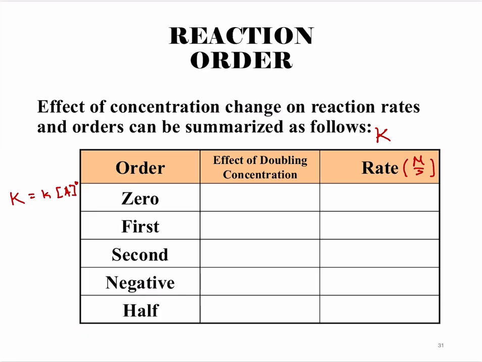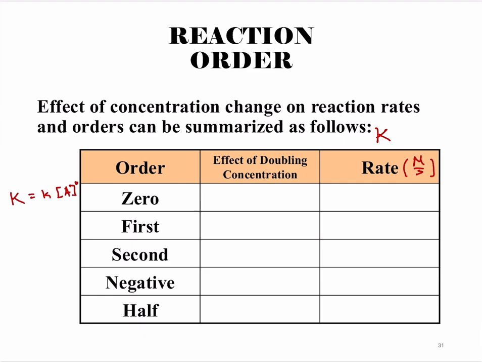So if we double the concentration, how does that affect the rate of the reaction? Right? So the same way we did it for the previous page, we can do it here.